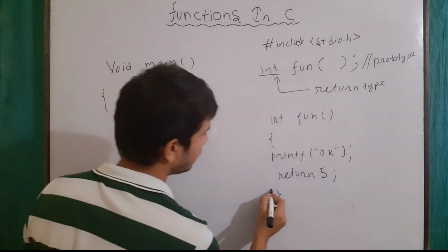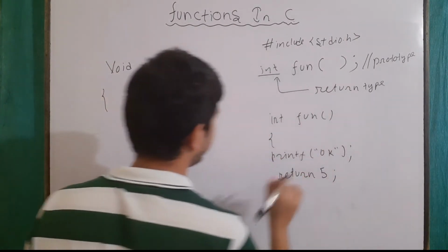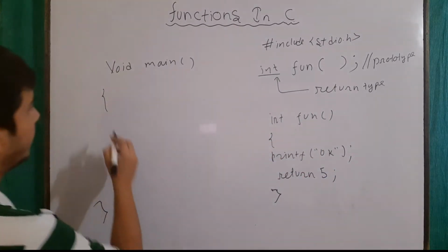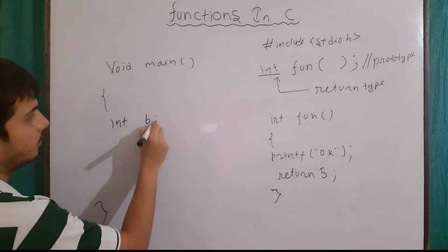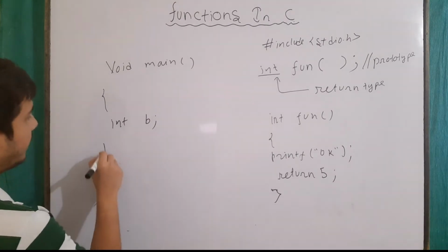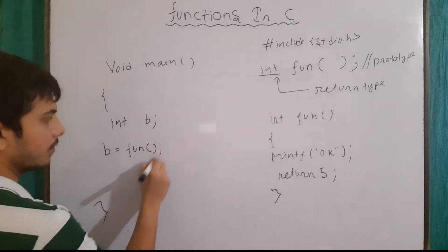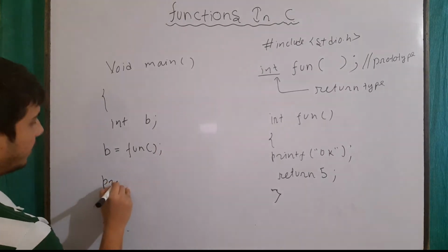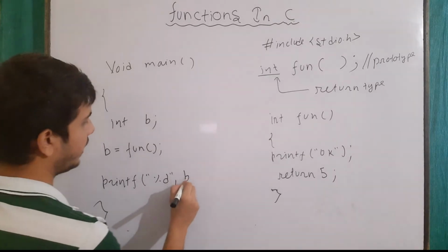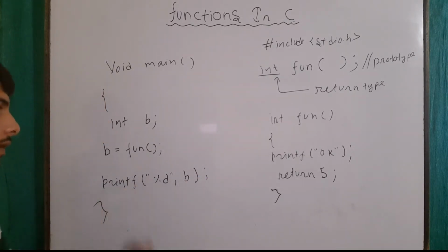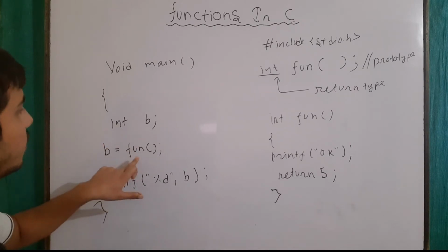Now what is the meaning of the return type, or returning an integer? Let's say in main I'll write here int b, a variable, and I write b equals fun, and then I write printf of %d and b. Now what will be the value of b? I have defined a variable here, then I call the function.